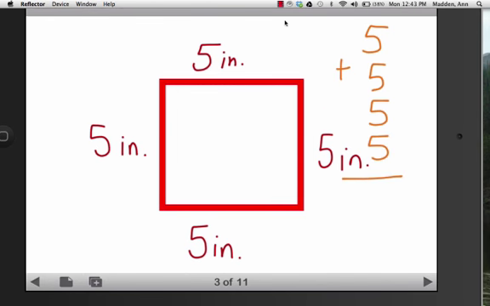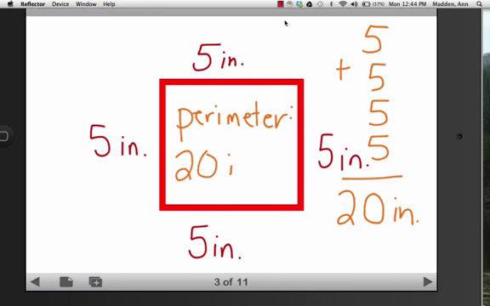There are 4 sides to a square. 5 plus 5 plus 5 plus 5 is 20. And don't forget your label, inches. So the perimeter is 20 inches.